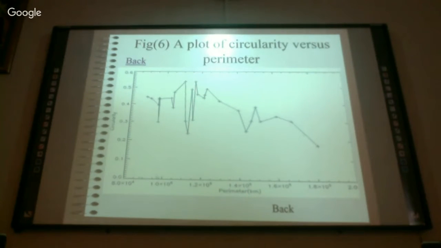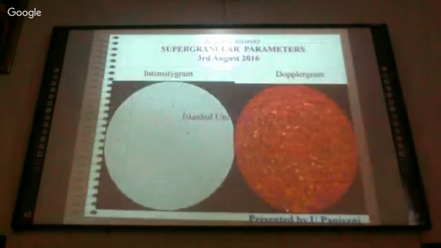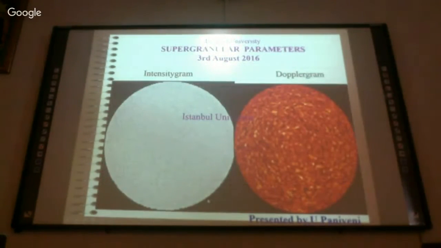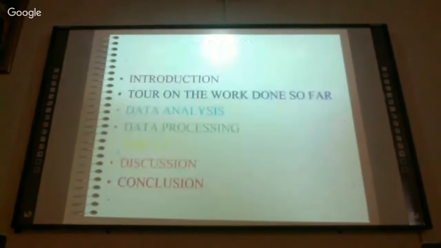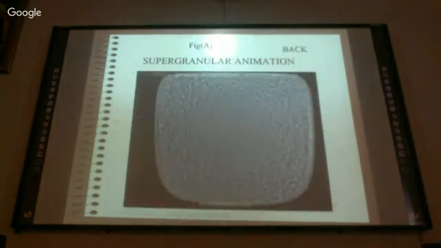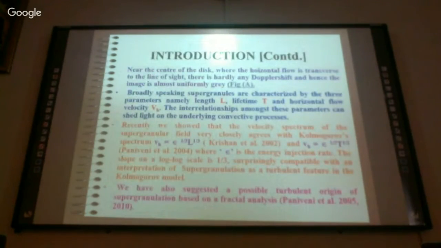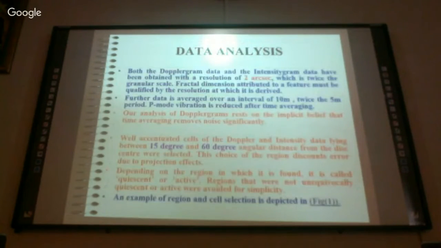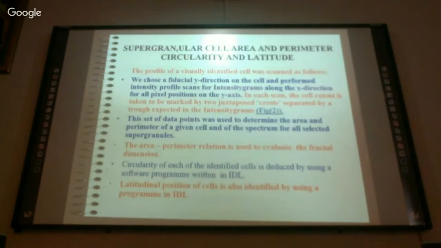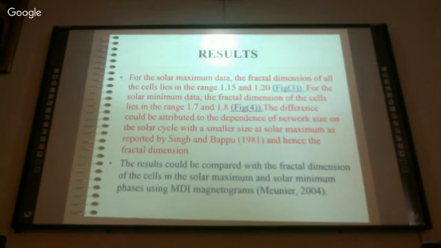This is the plot of circularity versus perimeter. Do you have those figures separately?